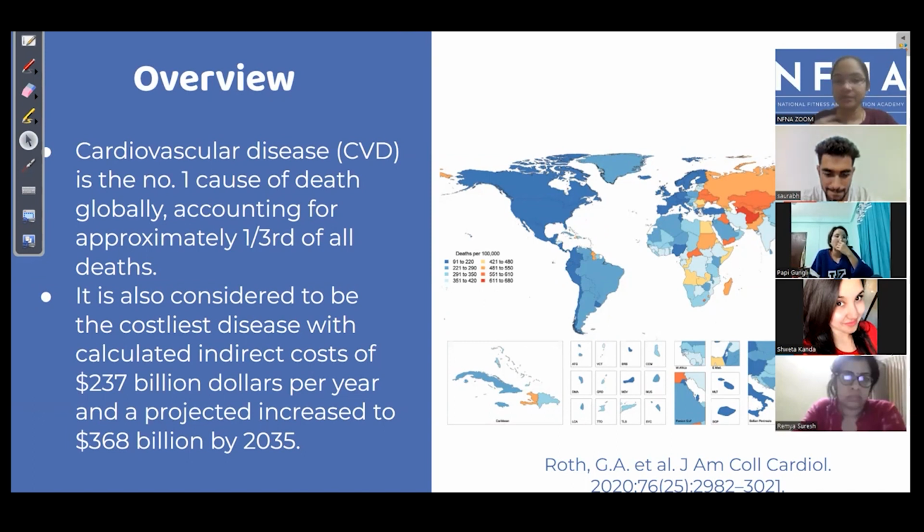Because if a particular person is suffering from cardiovascular disease and is not working, he is not contributing to the economy, right? So obviously the country will also be burdened.